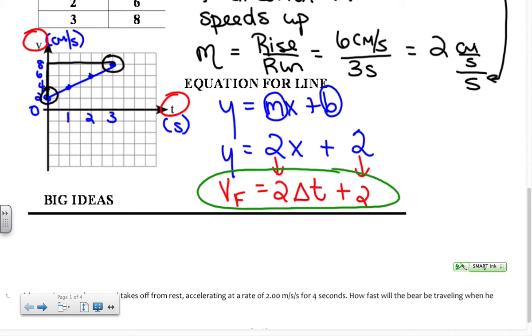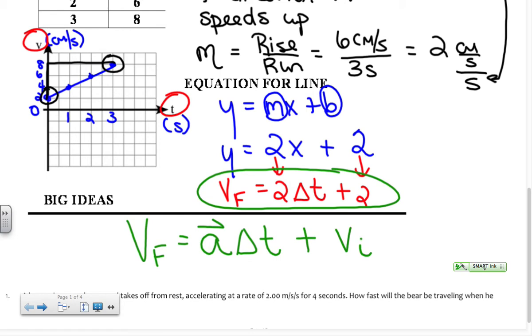Now, finally, the last thing I want to do is say, if we have a constant acceleration, that means it's speeding up or slowing down by the same amount, then we can always use the same equation. So in the back of your lab notebooks, you want to write this: VF is equal to the slope of the line, which in this graph is acceleration, times delta t, plus VI.